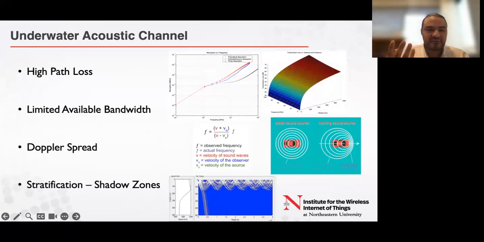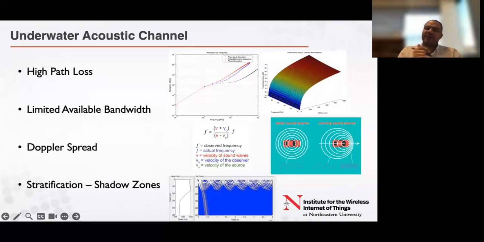So your data rates are very low. That means you have to be really aware of your spectrum resources, and you have to get spectrum efficiency in place to use these channels efficiently.